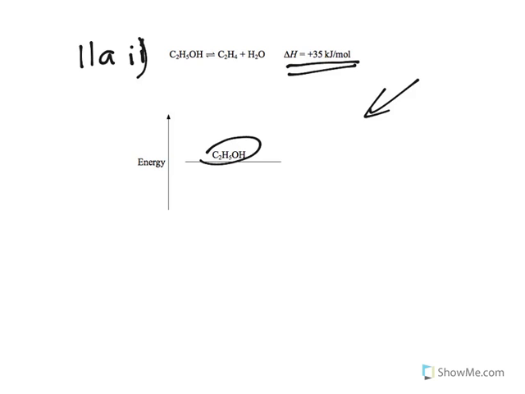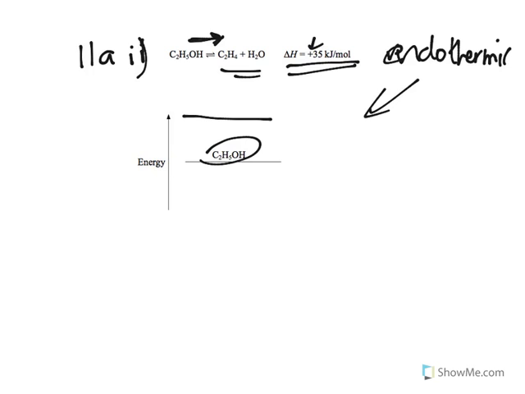When there's a plus sign, that means that the reaction is endothermic, which means that energy is absorbed while the forward reaction occurs. Remember, this delta H always refers to the forward reaction. So that means that energy is absorbed, so the products should have higher energy. So C2H4 plus H2O should be at a higher energy compared to C2H5OH, because this reaction is endothermic.